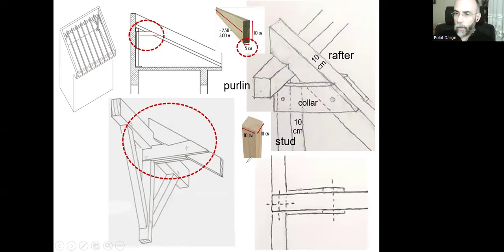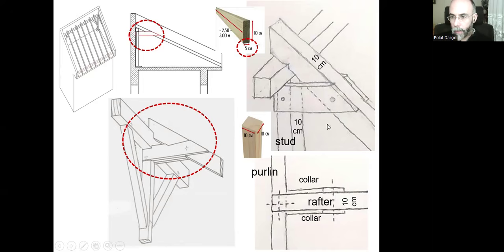Just imagine yourself floating in midair looking downwards. You will be seeing the upper surface of the rafter, this 10 centimeter surface, and right underneath you will see the purlin like this. That's the top view of this collar, and this one here. That's the horizontal upper surface, and then we are going to be seeing the inclined, shaped surface.